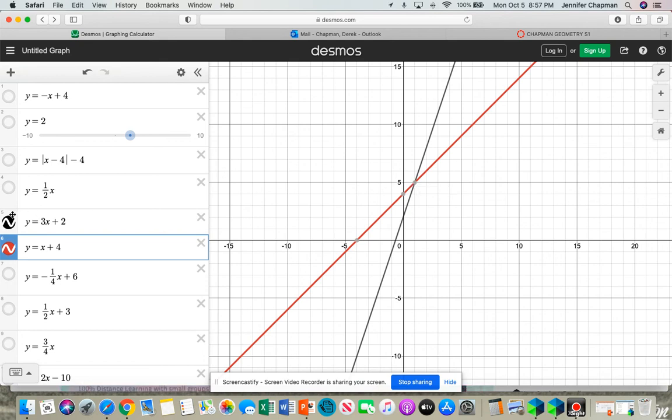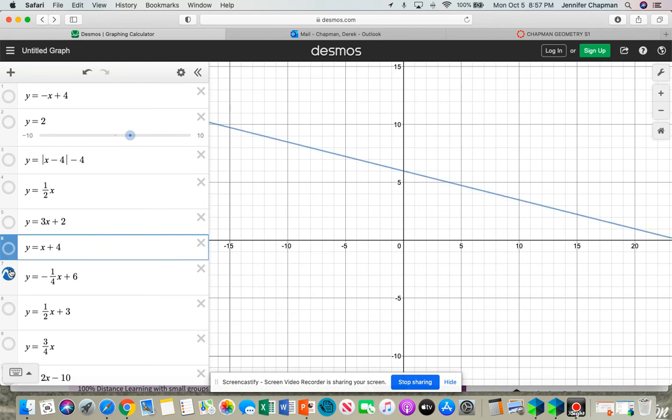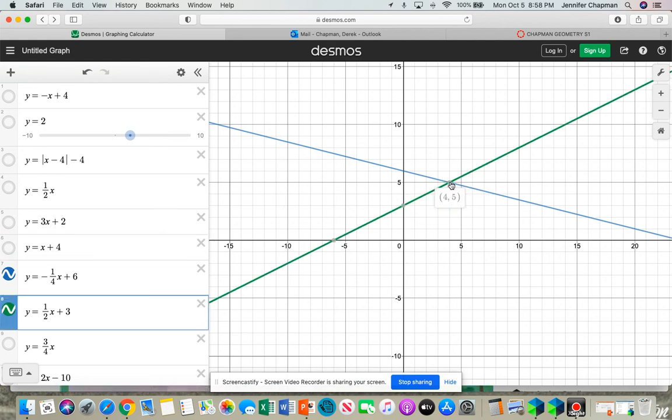Negative 1/4 x plus 6 is the left side of my equation. The right side's 1/2 x plus 3. Both linear functions. Looks like they cross one time at (4, 5), or x equals 4.